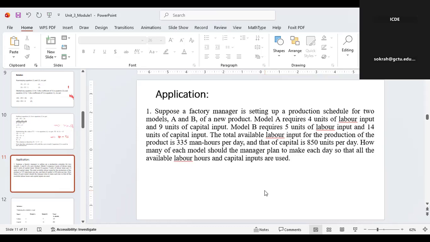Model A requires 4 units of labor input and 9 units of capital input. Model B requires 5 units of labor input and 14 units of capital input.